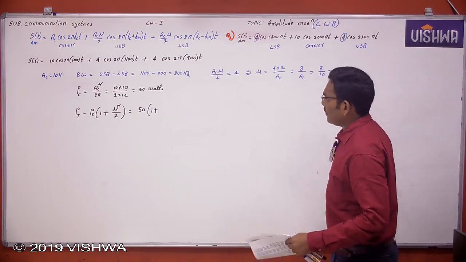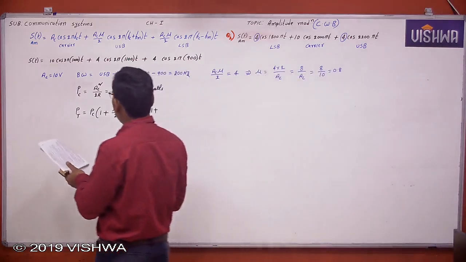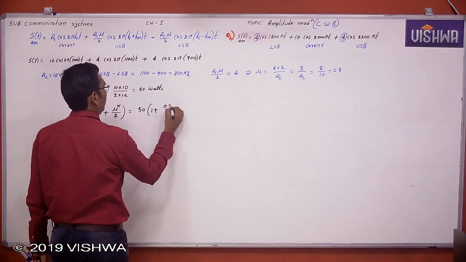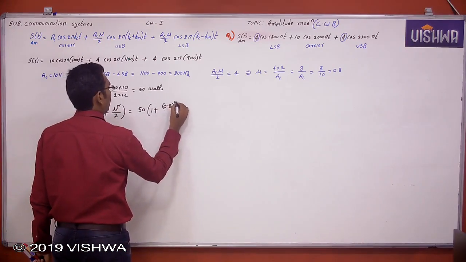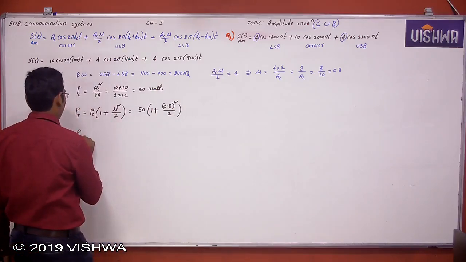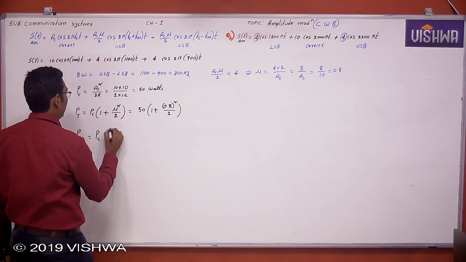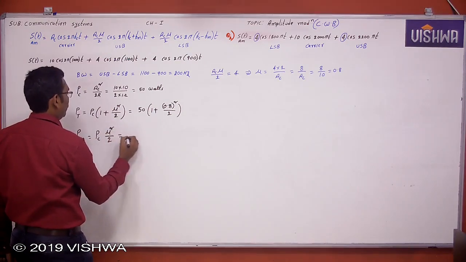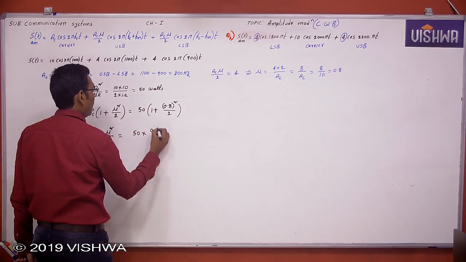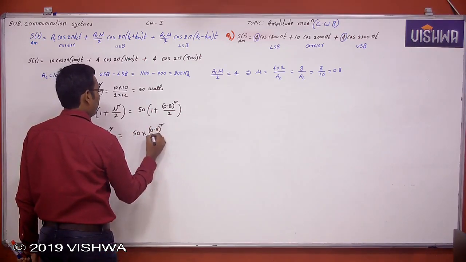Now this is the modulation index. Once the modulation index is available, you can calculate all the powers: 1 plus 0.8 whole square by 2. Now what is the sideband power? The sideband power is equal to PC into mu square by 2, which is PC is 50 into mu is 0.8 whole square by 2.